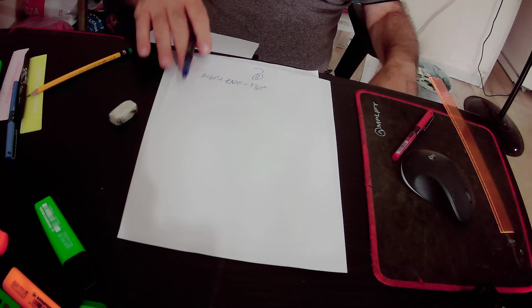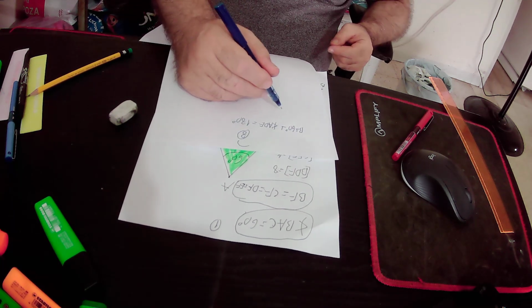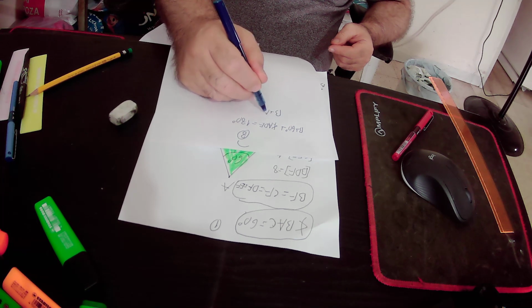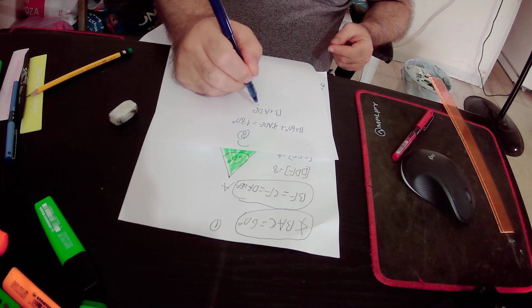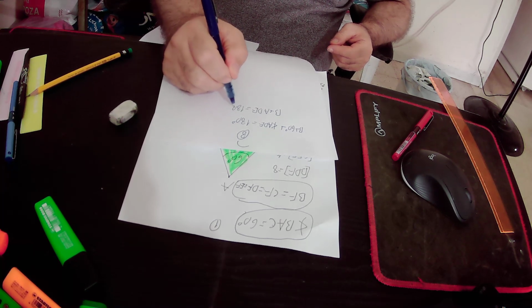From this equality, we will get that angle B plus angle ADE equals 120 degrees.